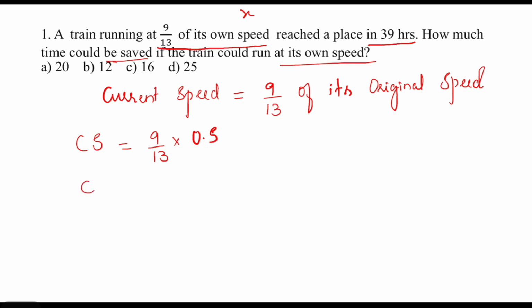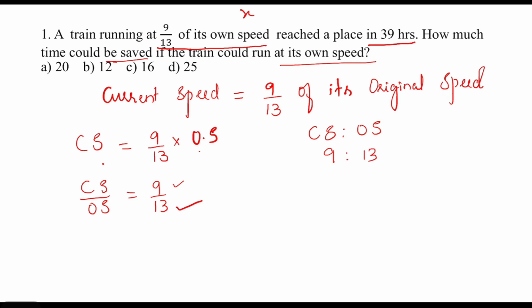So from this I can say current speed by original speed is equal to 9/13. So from this it can be said that if original speed of the train is 13 parts, then current speed will be 9 parts. Therefore current speed to original speed ratio we got as 9:13. 9/13 is nothing but 9:13.